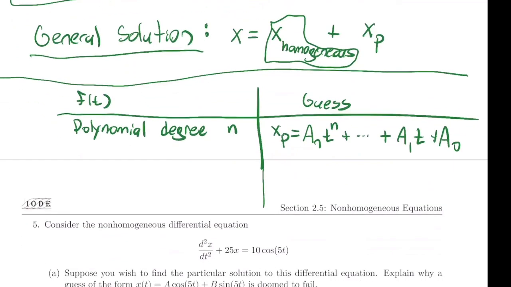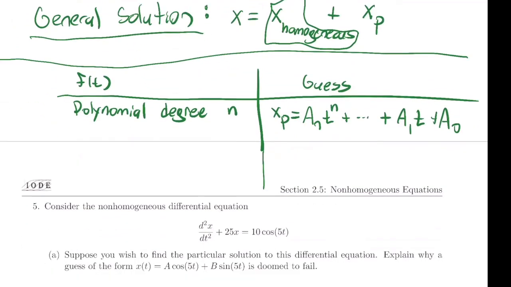And then let me also say that if we have a trig function, whether it's sine or cosine, rather than use b here, use a beta t, then we guess both of the sine and the cosine functions with the same period, so with the same value of beta.